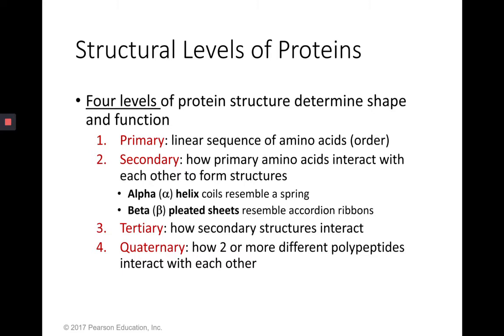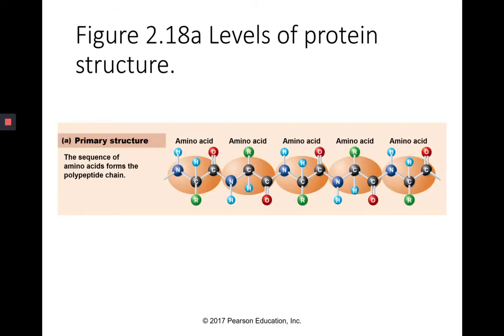It's how those different polypeptides, those different tertiary structured proteins, interact with each other. Hemoglobin was the example I gave because it actually has 4 tertiary structured proteins combined together. You have 2 alpha and 2 beta chains of hemoglobin, and all 4 of them are their own tertiary protein structure. So let's look at these with pictures.